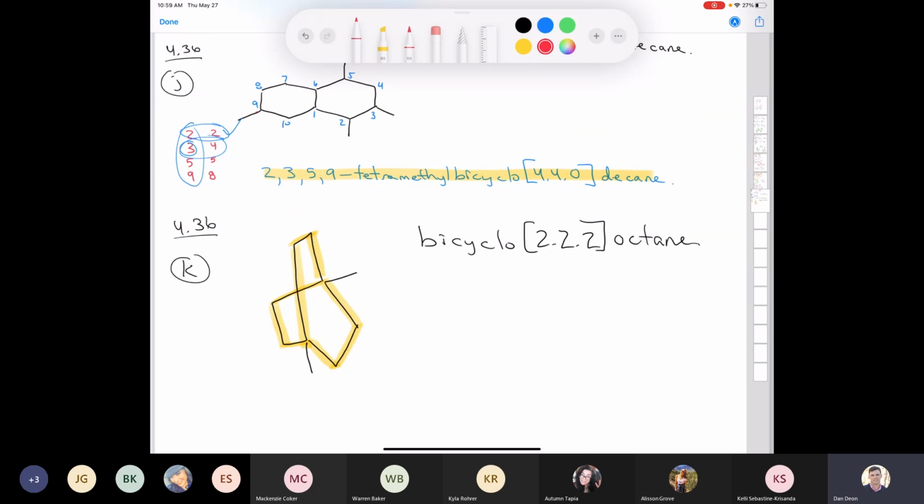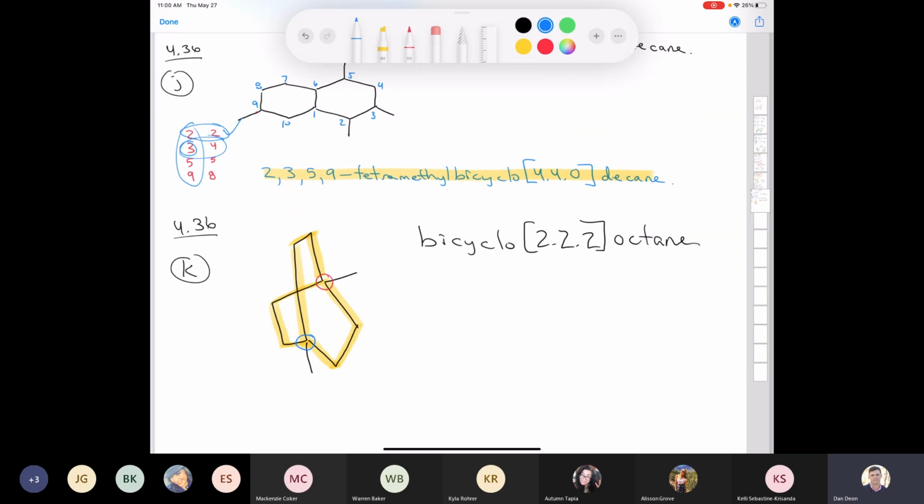So if I circle this bridgehead carbon in red, and if I circle this bridgehead carbon in blue, could anybody tell me which carbon I would start on for numbering my bicyclic system? Exactly. Thanks, Bruna. It doesn't matter. It doesn't matter at all. Somebody says either one, right?